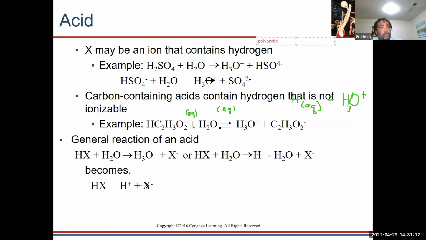So you still have a lot of the guys that are still connected, and you also have a little bit of the guys that are in solution. Does that make sense? Okay, so all carbon-based acids are weak acids. So carbon-containing acids are weak acids. They don't like to be ionized. They don't like to form the ions.